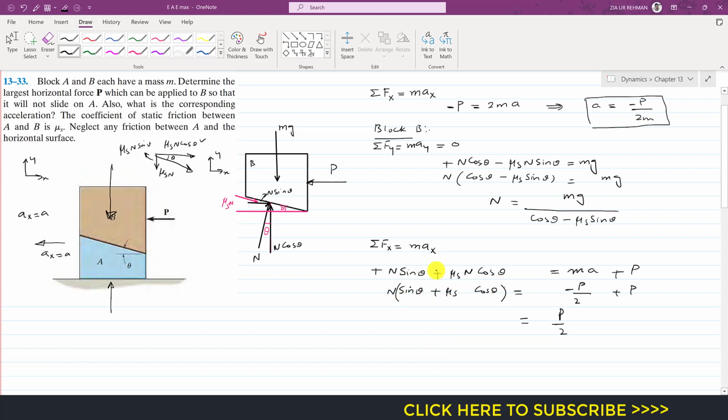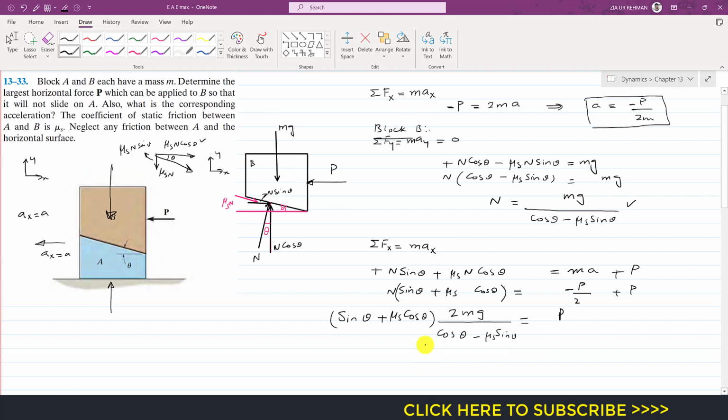And as we know that N is equal to this thing, we can write that this will be equal to sine of theta plus mu s cos of theta into that N, and N is mg divided by cos of theta minus mu s sine of theta. We can multiply both sides by 2, so this will become 2mg.